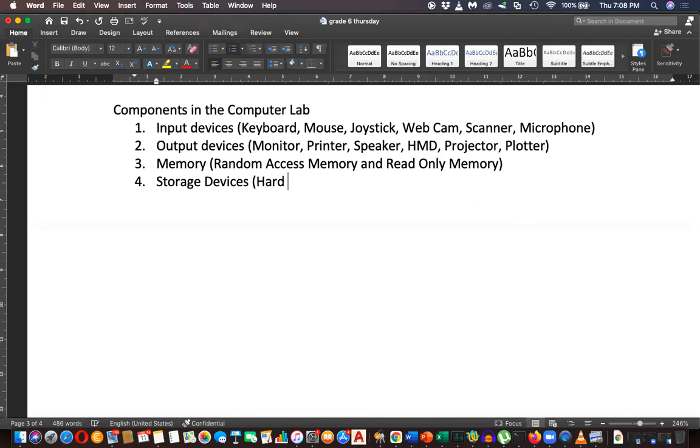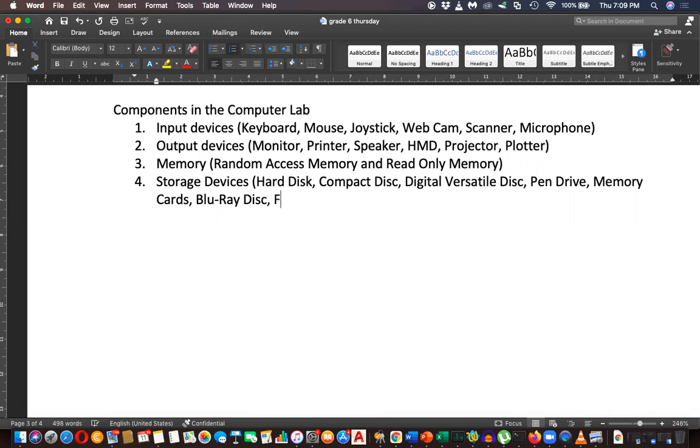Hard disk, CD, DVD or compact disc, digital versatile disk, pen drive, memory cards are used as storage devices. Blu-ray, floppy, but those are earlier.